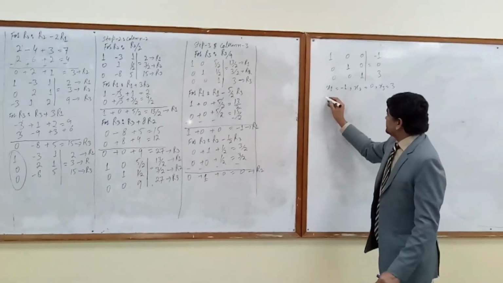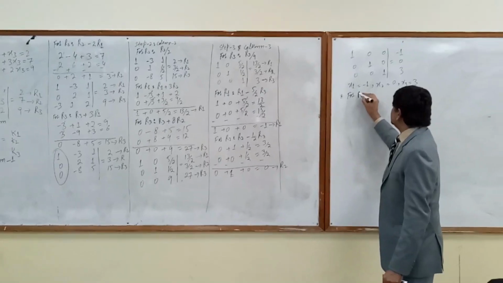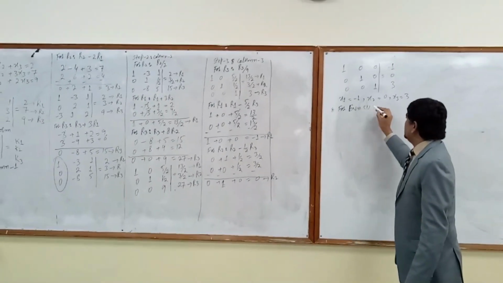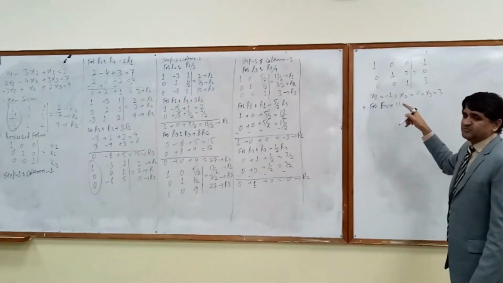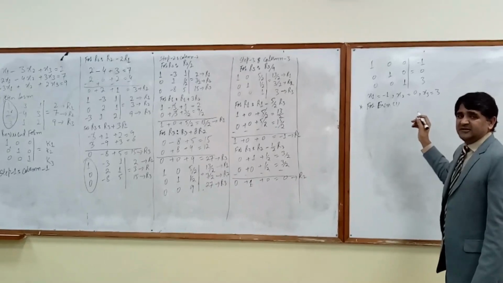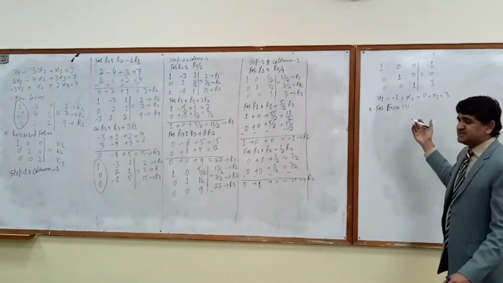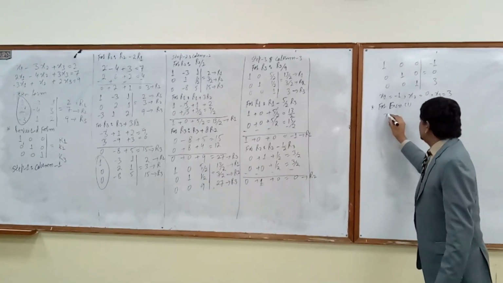So for equation 1, putting the values of x1, x2, x3 in equation 1, if both sides are equal to each other, then the equation is satisfied.